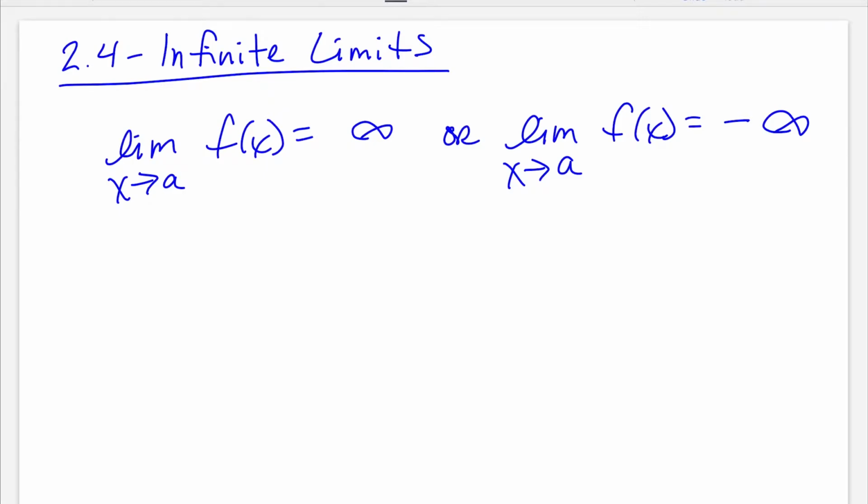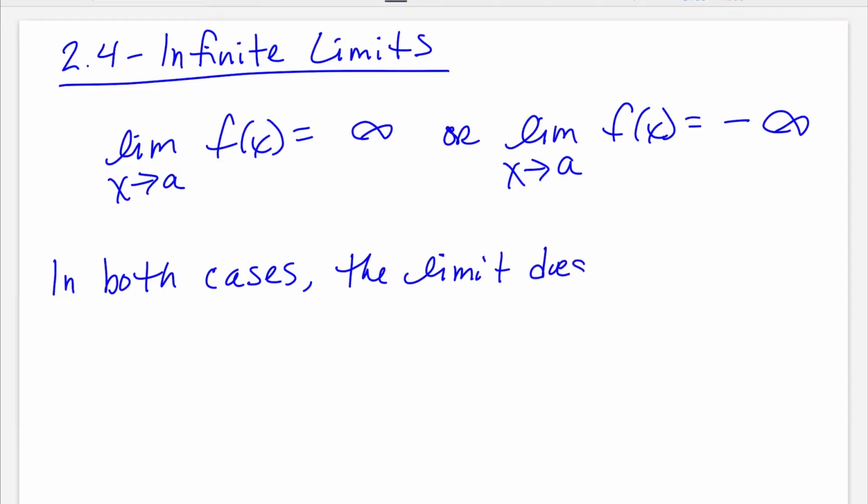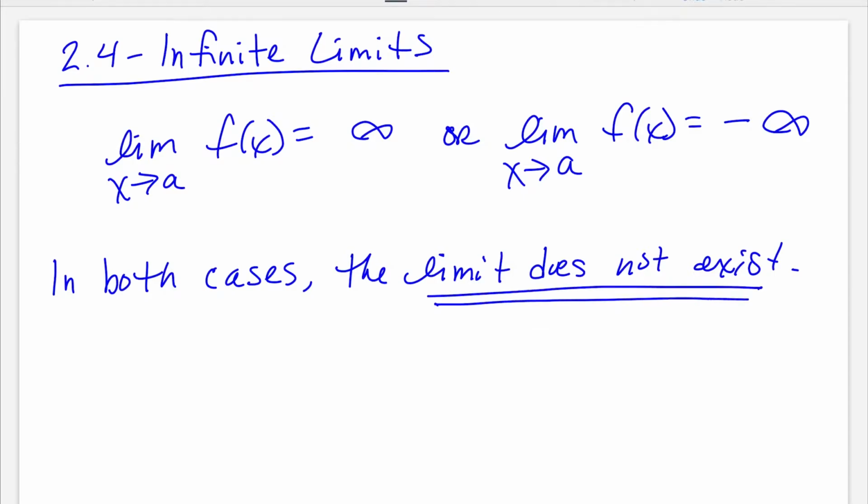Here's the kicker for this. In both cases, the limit does not exist. I'm going to let that soak in here for just a second. When you take the limit as x approaches a, if it goes to infinity or negative infinity, then the limit technically does not exist.